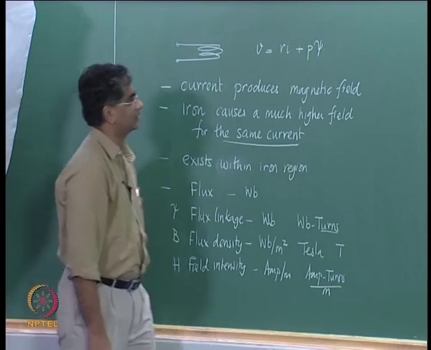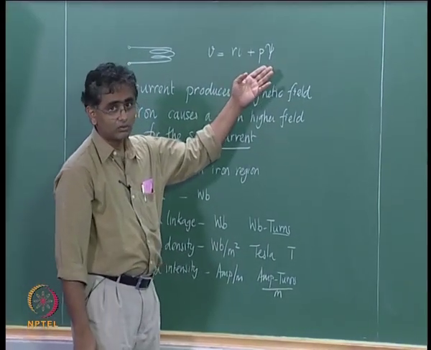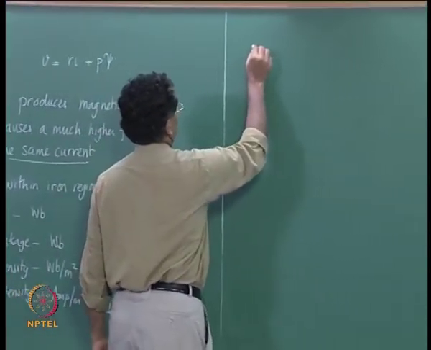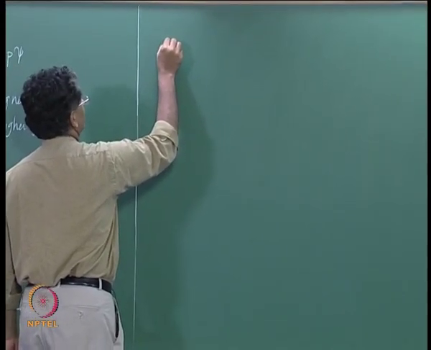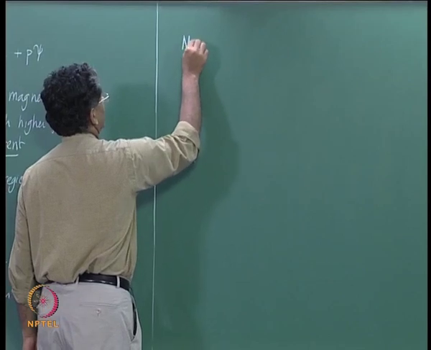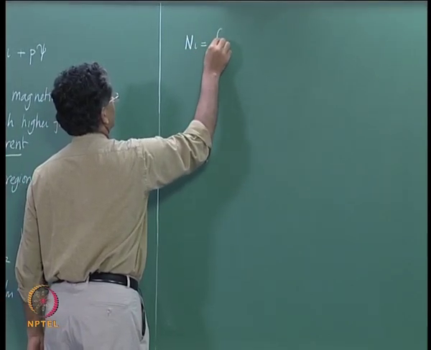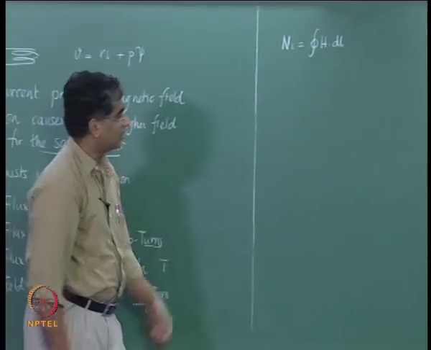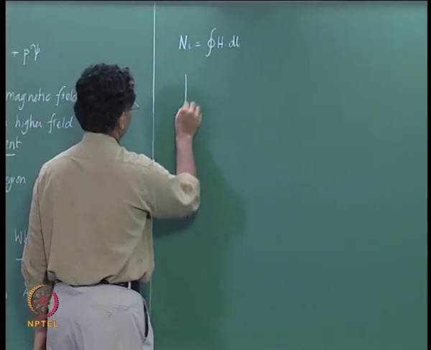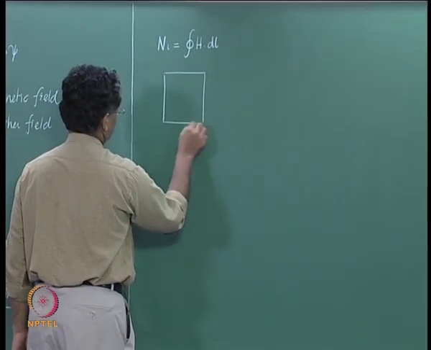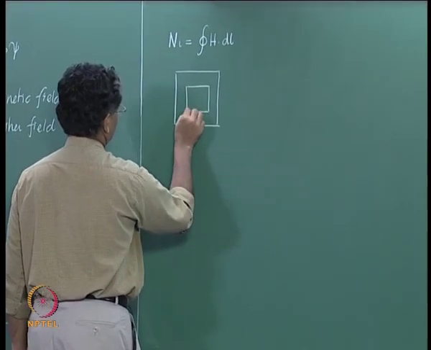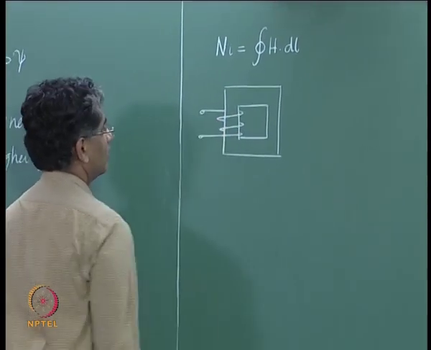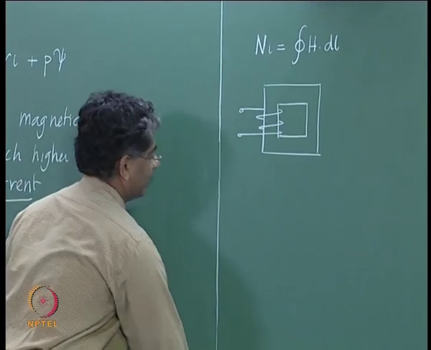And then we saw yesterday that in order to determine this value for psi, we looked at the equation N into I is equal to the circular integral of H dot dl, which in the case of a simple iron core, if you consider an iron core with a wire loop going around it, then it is generating magnetic field inside.